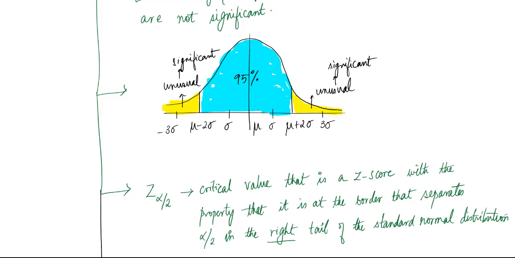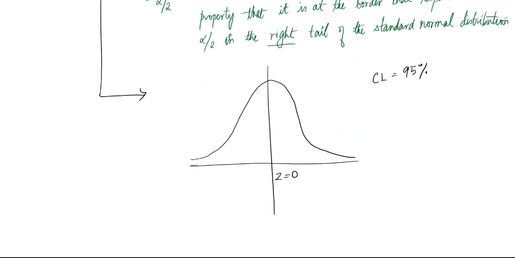However, they are equally shaded on both sides, so that 5% has to be divided into two parts: 2.5% here and 2.5% here. Does it make sense? And 2.5% is 0.025, and this will be 0.025. So what basically happens is, come down here: if CL is 95%, alpha is 5%, right?